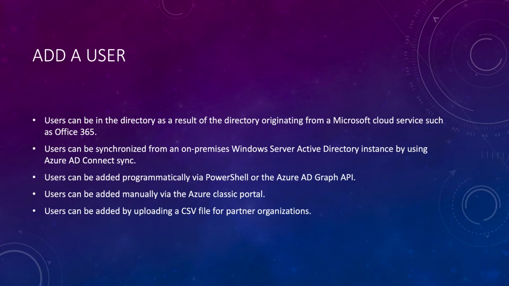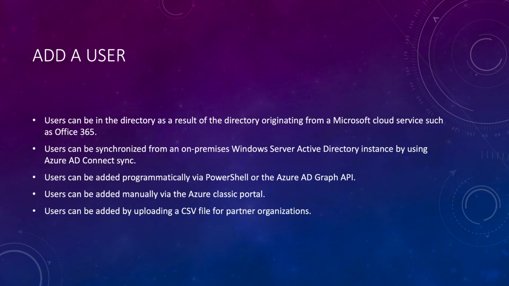Users can be in the directory as a result of the directory originating from a Microsoft Cloud service such as Office 365, or users can be synchronized from an on-premises Windows Server Active Directory instance by using Azure AD Connect Sync, or users can be added programmatically via PowerShell or the Azure AD Graph API, or users can be added manually via Azure Classic Portal, or users can be added by uploading a CSV file for partner organizations, which basically brings in all the information that they have listed about those user accounts.